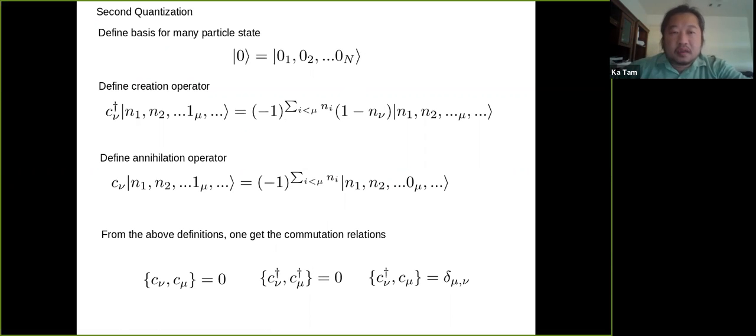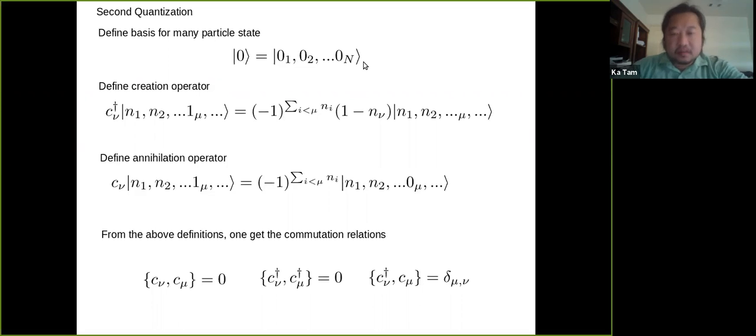We can make it more abstract and say we have a vacuum state. We call it the zero ket vector, and the zero ket vector means we have no particle in any eigenstate. So we basically have 0 at eigenstate 1, 0 at eigenstate 2, all the way to 0 at eigenstate n.